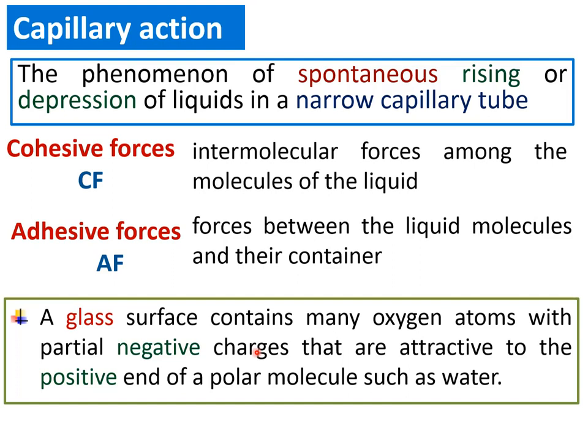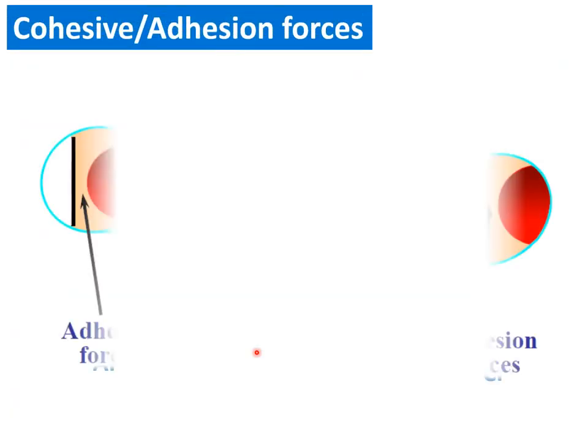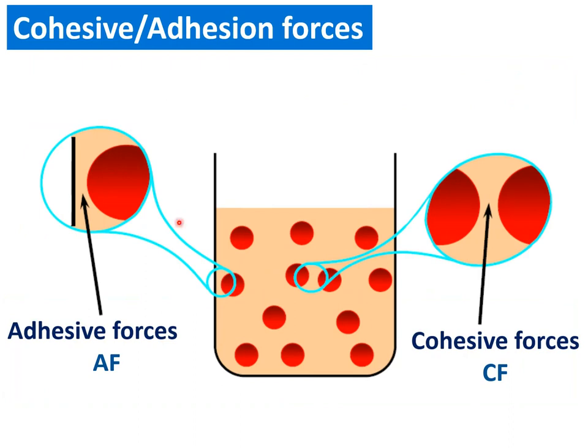Of course, the glass surface contains many oxygen atoms that have partial negative charge that are attractive to the positive end of the polar molecule, such as water, okay? So if you look here, this is the attraction force between water and the glass tube. This is called adhesive force, and the attraction forces between water molecules themselves is called the cohesive forces, okay?